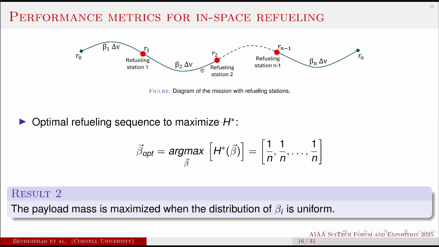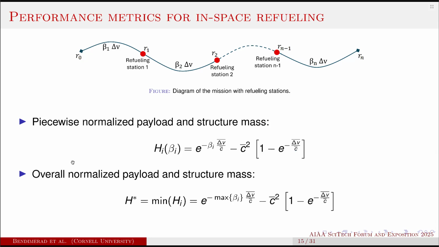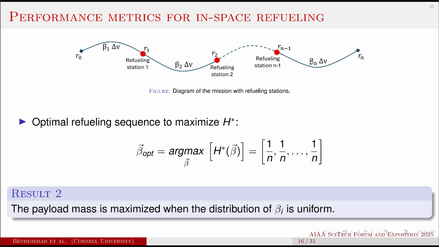We can also show that the optimal sequence of beta is when all of the betas are equal and equal to 1 over n. So H star, the overall normalized payload and structure mass, is maximized if all the betas are equal. So the payload mass is maximized when the distribution of beta is uniform.